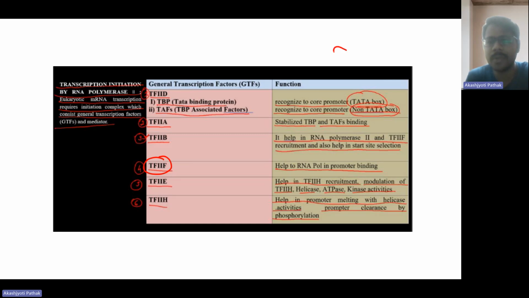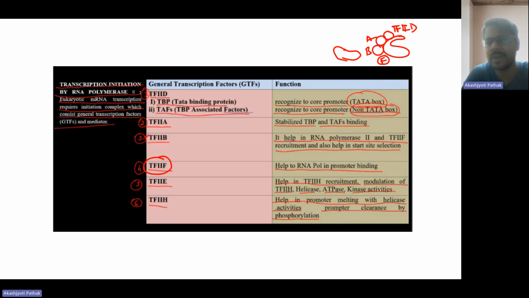So this is the RNA polymerase, a claw-like structure. This RNA polymerase will first bind to transcription factor 2D, then followed by A, then by B, and then by transcription factor 2F.